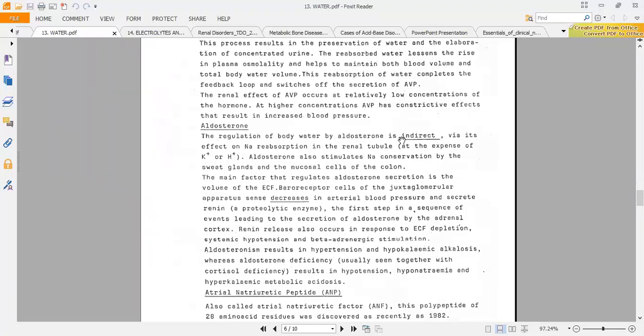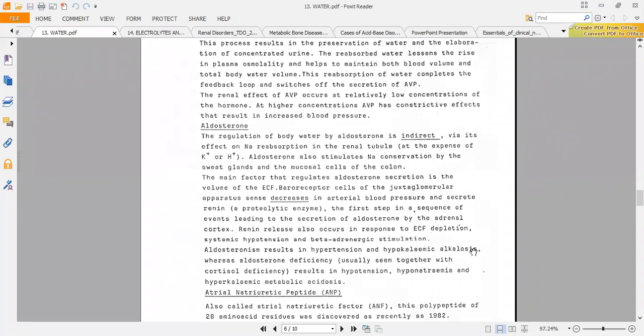If you lose a lot of the acid, then the base in your blood will increase, so you get alkalosis. Okay, so that's the point being emphasized: aldosteronism results in hypertension and hypokalemic alkalosis. That's a very important point.